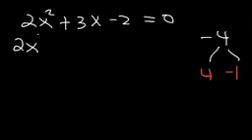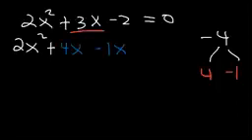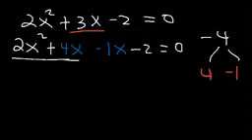Now, what we're going to do is replace the middle term, 3x, with 4x and negative 1x. Notice that the value of the expression is still the same. 4x minus 1x is 3x. Now, our next step is to factor by grouping. So let's factor the GCF from the first two terms and the last two terms.